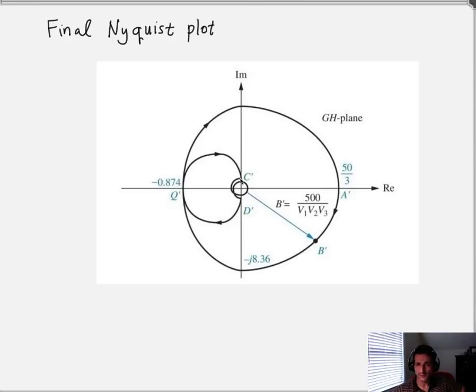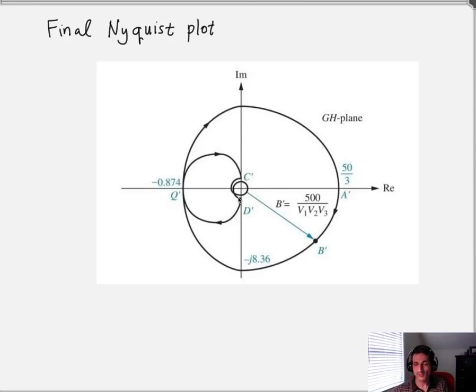But to go from positive infinity to negative infinity, I showed you that for positive infinity the phase angle was negative 270 degrees, so it's going to be somewhere here. For negative infinity, it would be 270 degrees, which is going to be this angle. To go from negative 270 to positive 270, you have to travel 1.5 circle around this origin until you reach D prime.